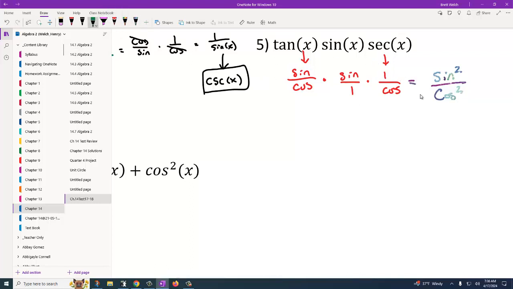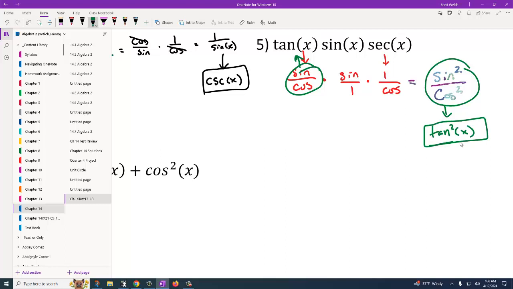Well, sine squared over cosine squared doesn't cancel anything, but I also know from my earlier problem that sine over cosine is tangent. Therefore, all of this becomes tangent squared of x. We got to a single term. Yeah, it's squared, but it's at least just one object.